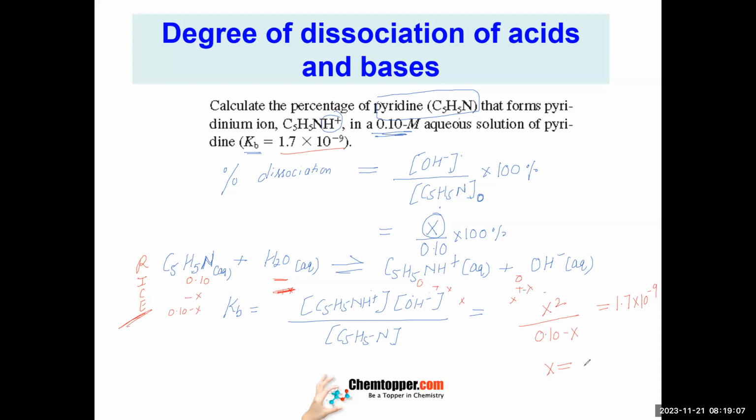And the value will be of the OH minus, which can tell you the pOH also, and then pH. Get the value. The units are molar. Plug in that value here. Okay, we have to wait. Partha is doing calculations.